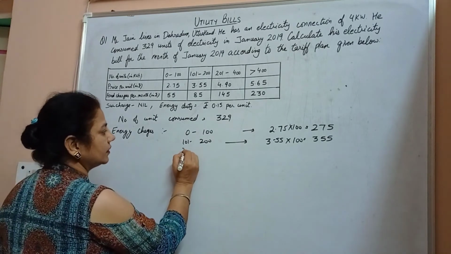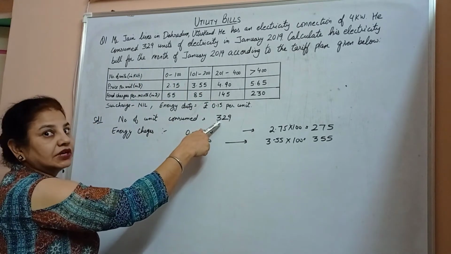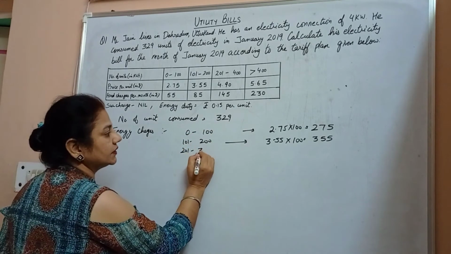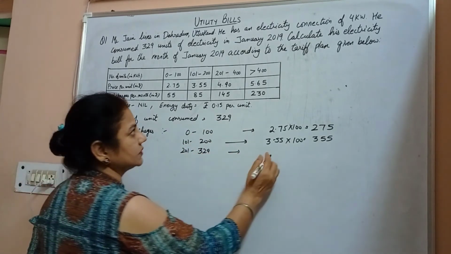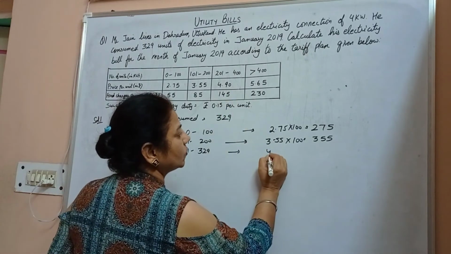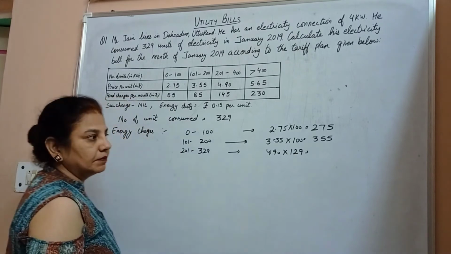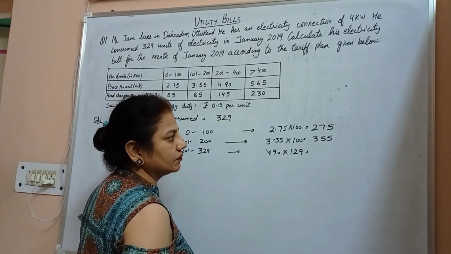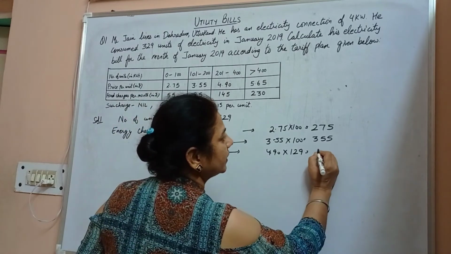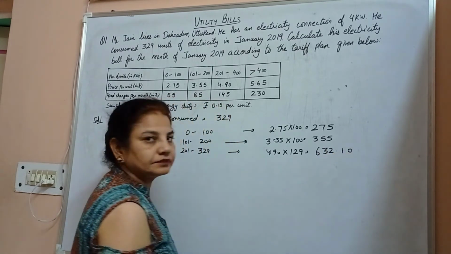Then 201 to 400, as Mr. Jain consumed 329, so we write till 329, and this comes out to be 129 units. That cost is 4 rupees 90 paisa into 129. Multiply this 4.90 into 129, it comes out to be 632 rupees 10 paisa.